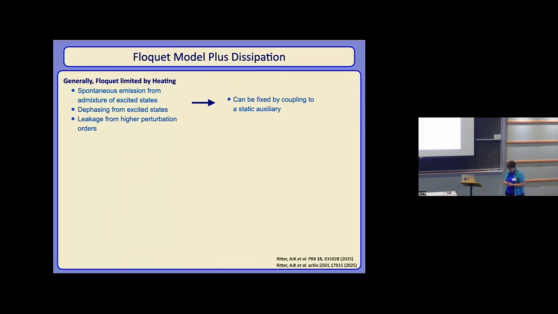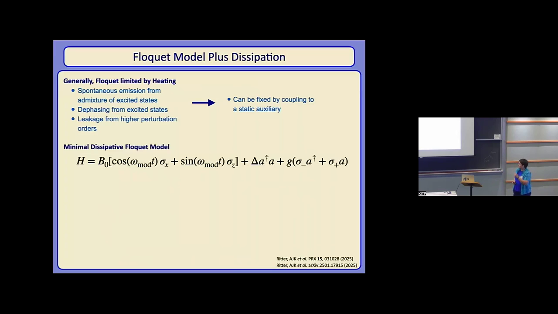And so the data that we were looking at on the previous slide is an example where you can take your complicated, time-dependent, strongly driven Floquet system and couple it just to a simple static cavity, and that removes basically all of these heating sources and keeps the qubit behaving nicely, essentially indefinitely.